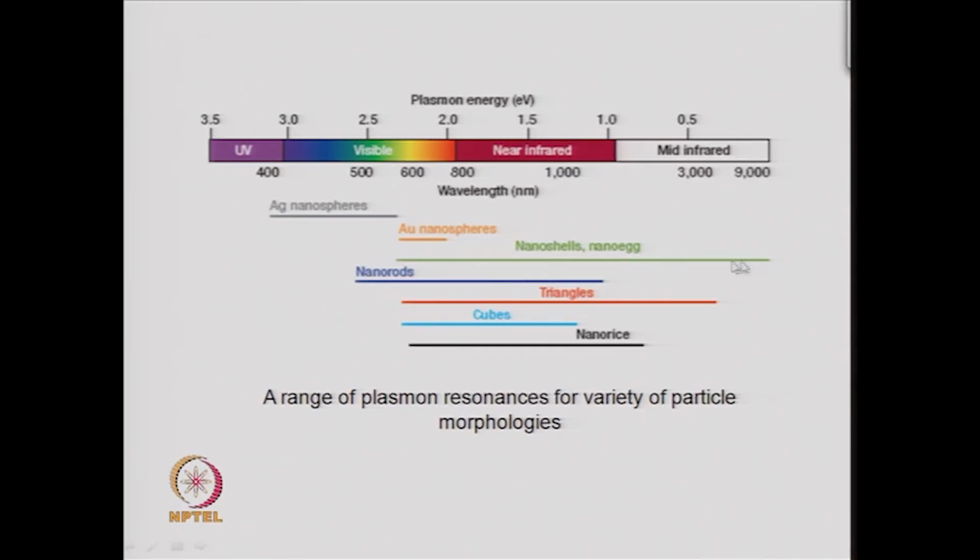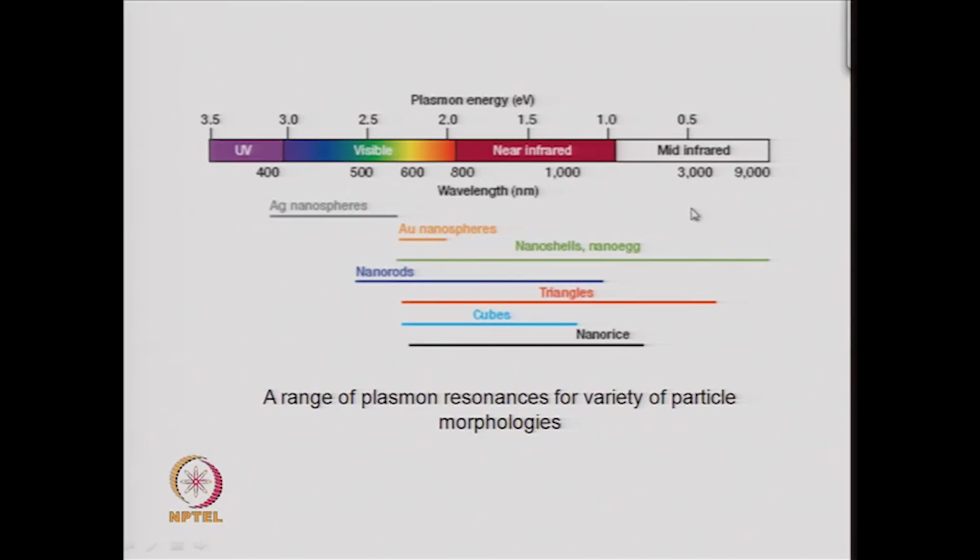and even colorless, for those particles which have a plasmon energy in the mid infrared, say 3000 nanometers. You are already in the infrared, very large wavelength, very small energy, and you can get colorless particles of gold.